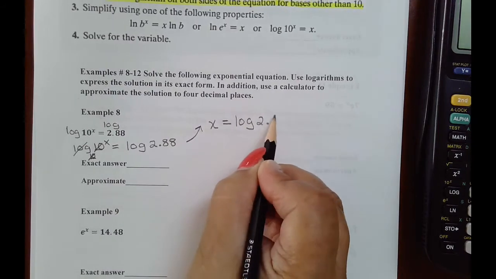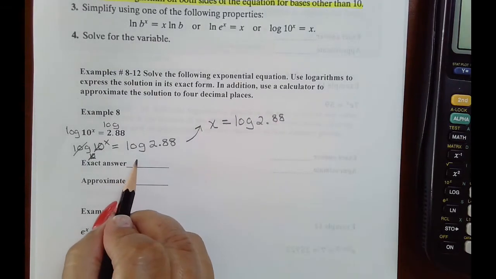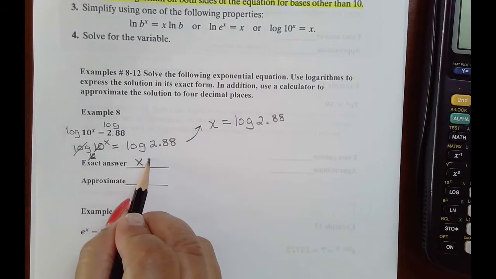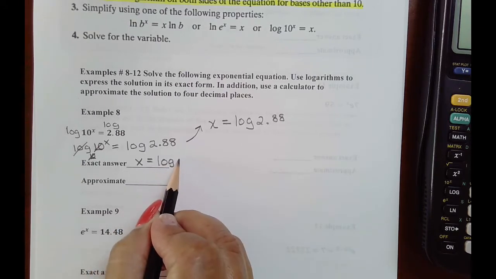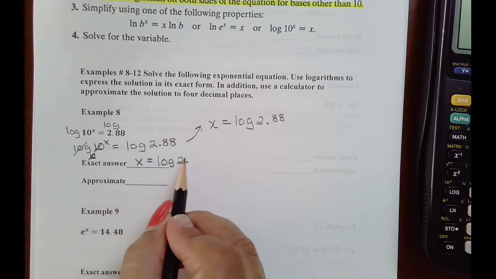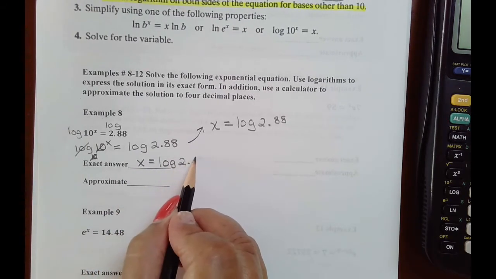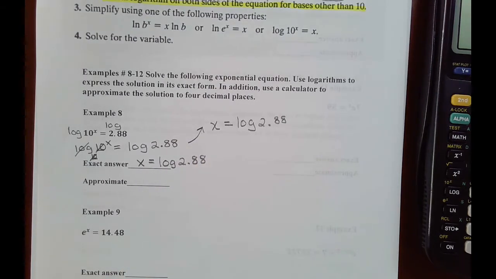This is what we mean by an exact answer. You'll have to see by what kind of answer blanks they're offering you whether they want you to put the x is equal to, but probably not. It'll probably just be log of 2.88. That's the exact answer.